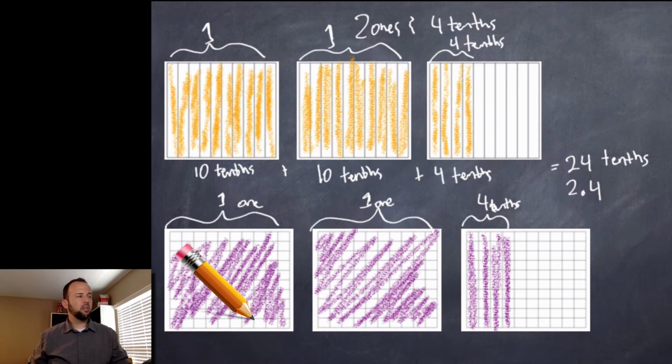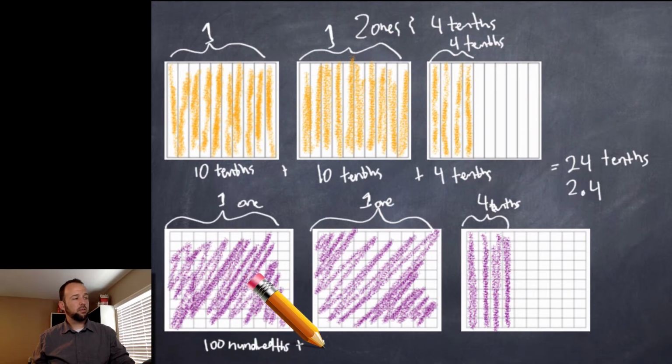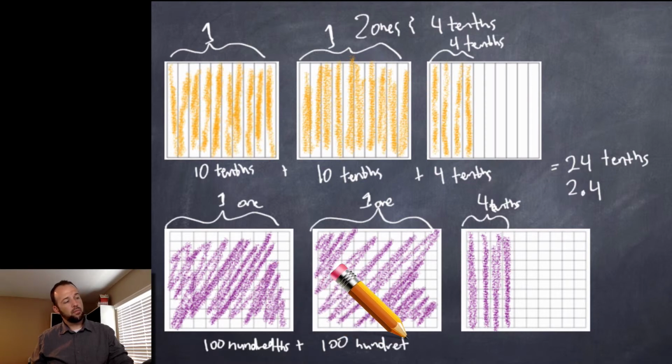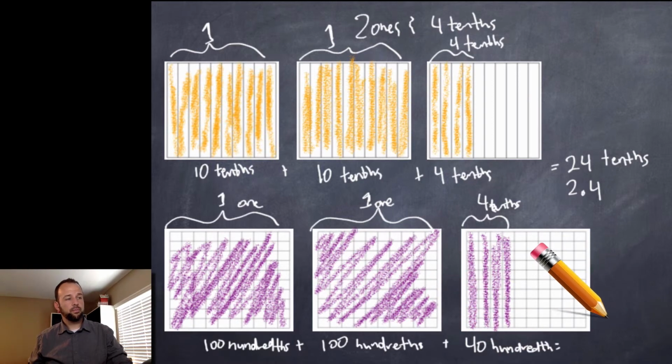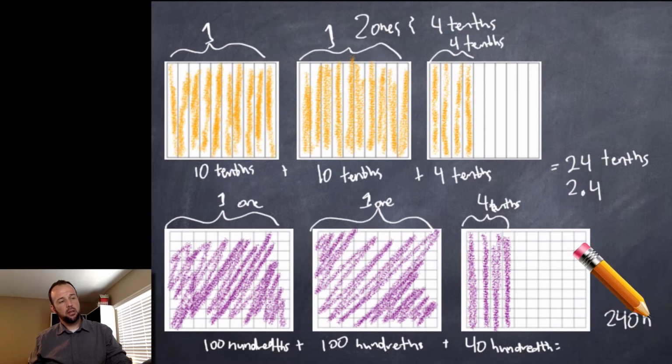Well, let's come down here and think of it in terms of hundredths. So we have 100 hundredths plus 100 hundredths plus 40 hundredths, which is going to equal 240 hundredths.